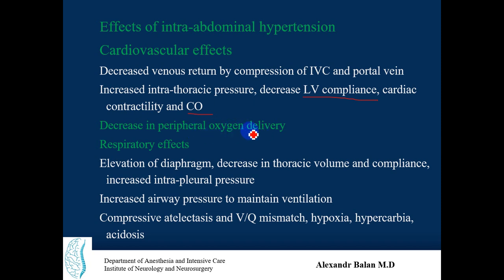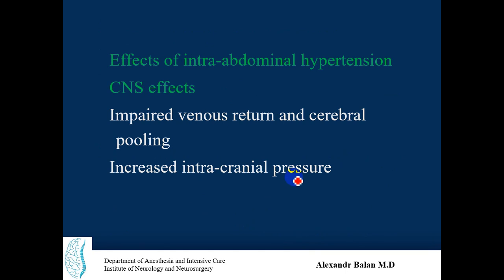Decreasing peripheral oxygen delivery. At the respiratory level, elevation of diaphragm, as I said, decrease in thoracic volume and compliance, increase intrapleural pressure. Normally it should be decreased during inspiration. Increased airway pressure to maintain ventilation, and compressive atelectasis and ventilation perfusion mismatch, hypoxia and hypercarbia.